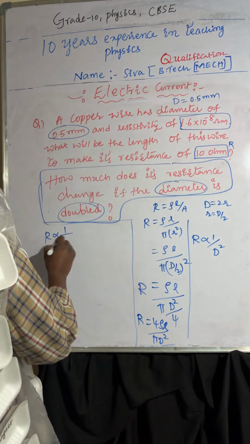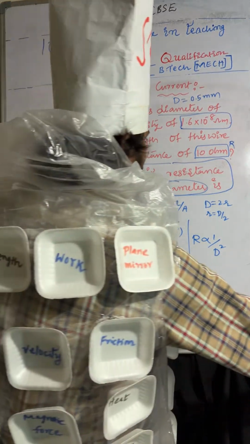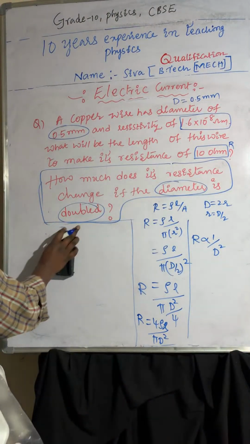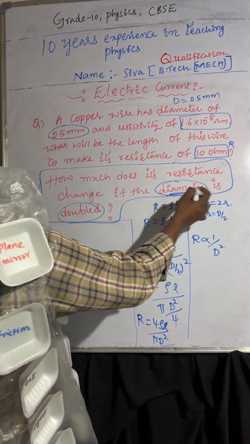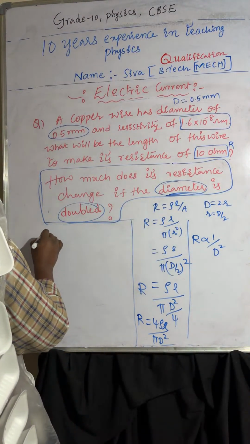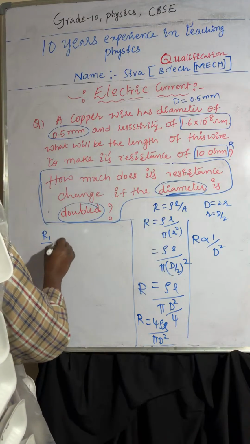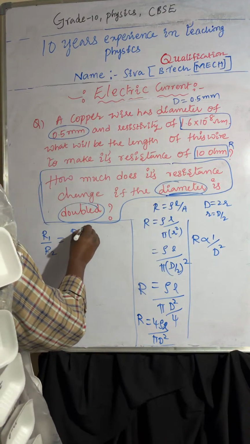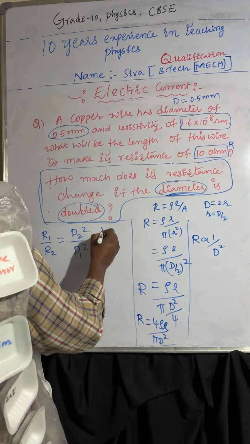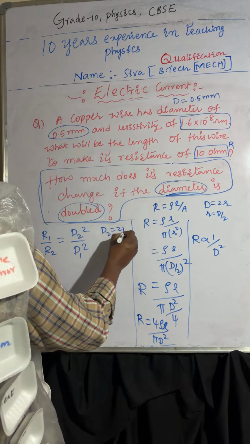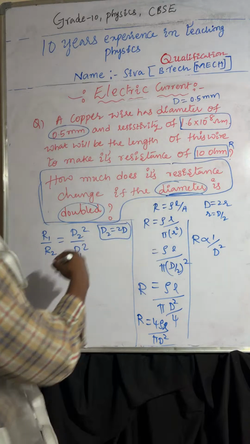Then we can conclude that R1 by R2. So here diameter is doubled. They mentioned the condition, diameter is doubled. So R1 by R2 equal to D2 square by D1 square, right? If diameter is doubled, D2 is 2D.